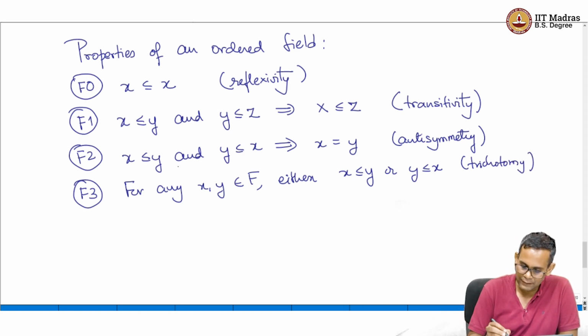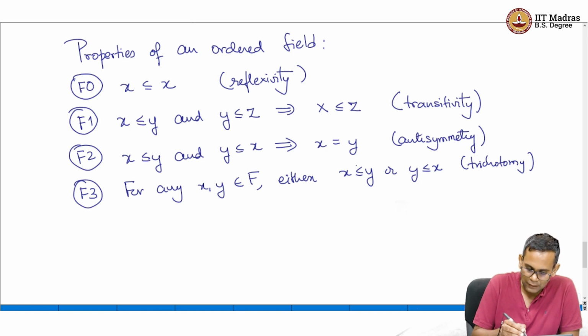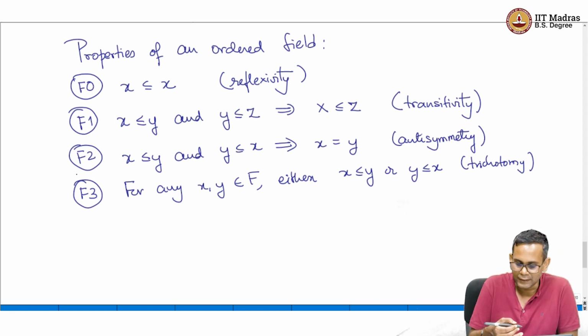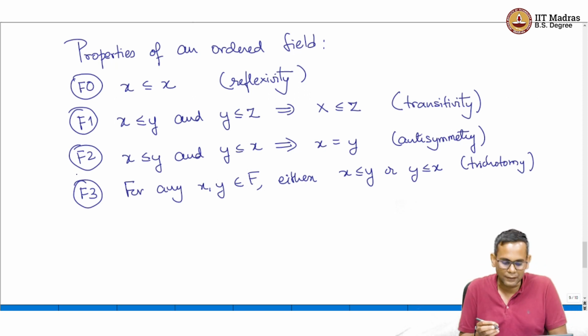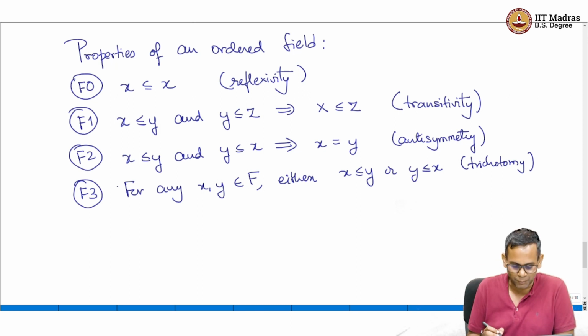And together with this, x is less than or equal to y and y is less than or equal to x implies that x is equal to y. This is precisely trichotomy. Now these 4 properties that I have written here form the axioms for order in general. So you say that a set has order if it has a relation which has these properties.